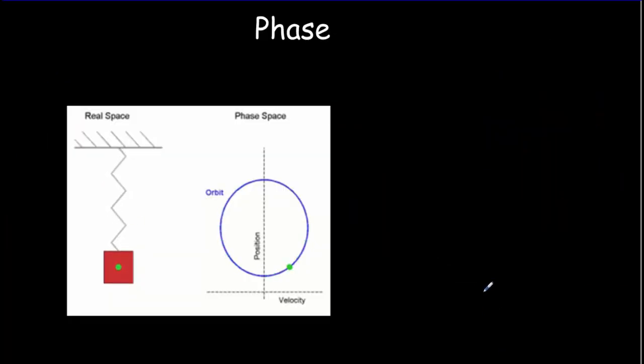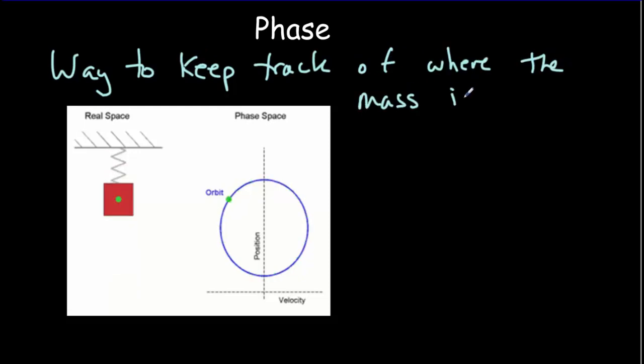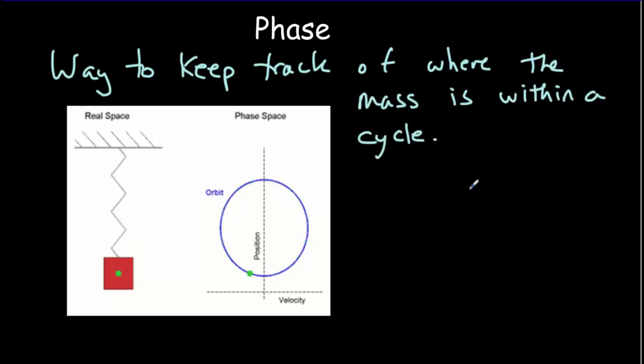A very important quantity when you're dealing with oscillations, or really any cyclic phenomena, is something called the phase. And the phase is simply a way to keep track of where the mass is within a cycle. And rather surprisingly, it turns out to be an angle. But if you think about circular motion, it's also cyclic.